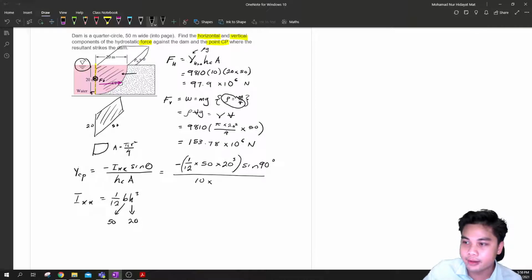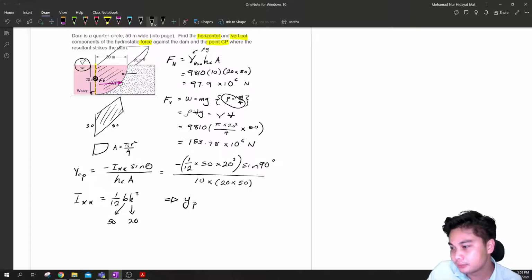Multiply with the area of this projected plane, which is 20 multiplied by 50. So in the end, you will get YCP is equal to negative 3.33 meter.